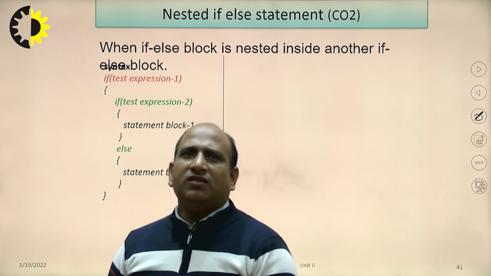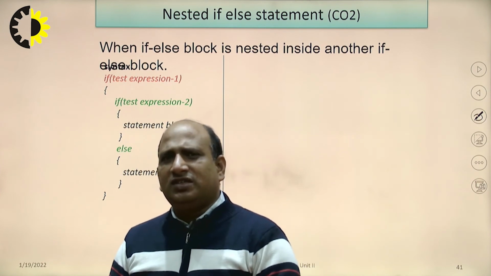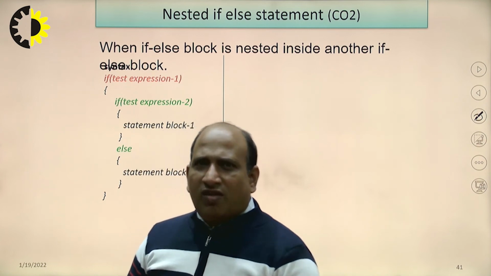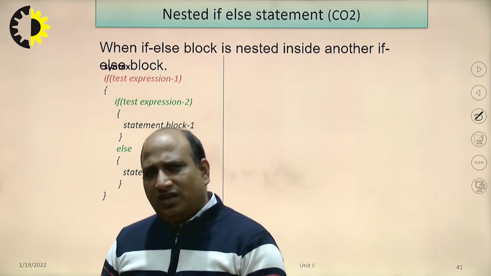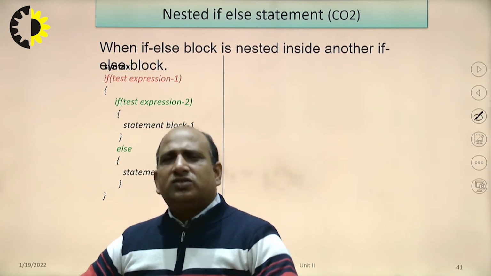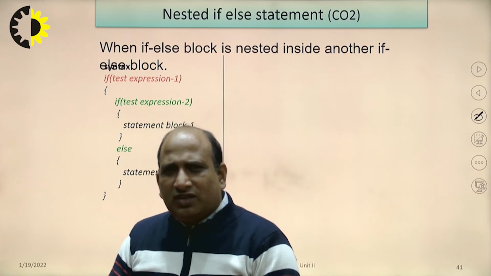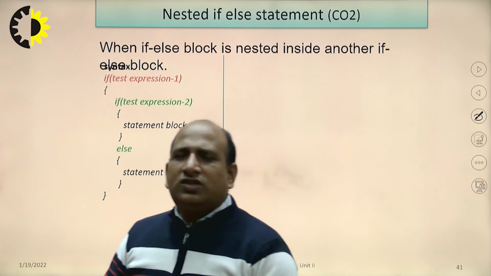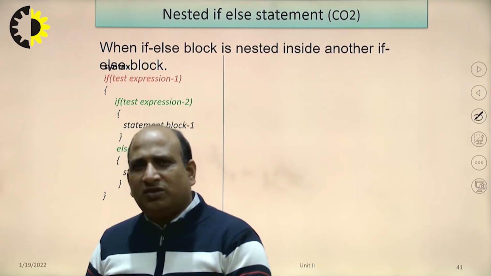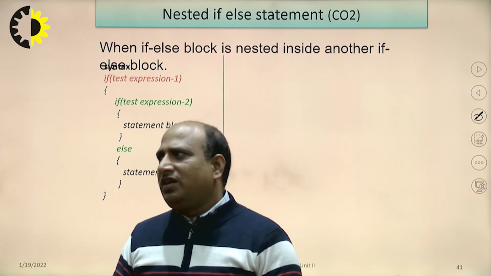This way there may be a number of nestings, the depth of nesting is unlimited, but the main concept is that nesting is done when we want to make a number of conditions mandatory. If we want a number of things to be mandatory to execute a particular set of statements or execute some other set of statements, we have to use this nested if else statement.